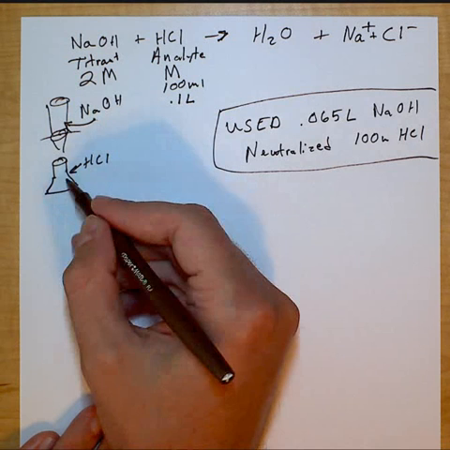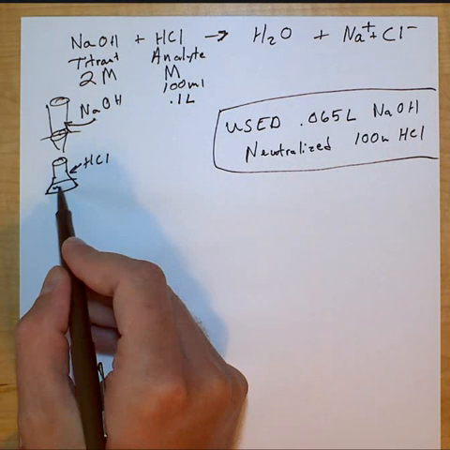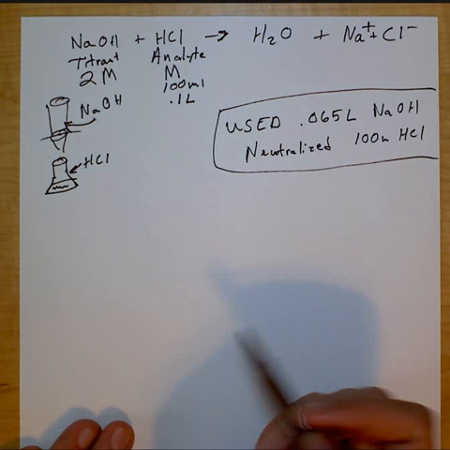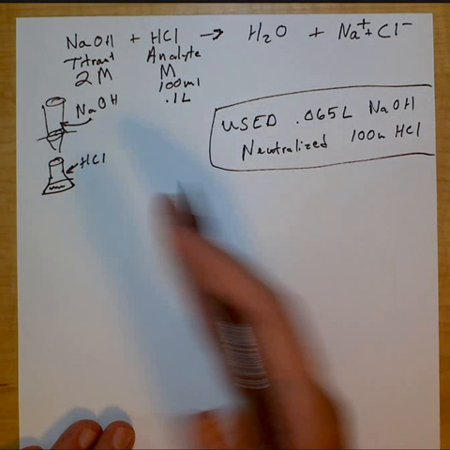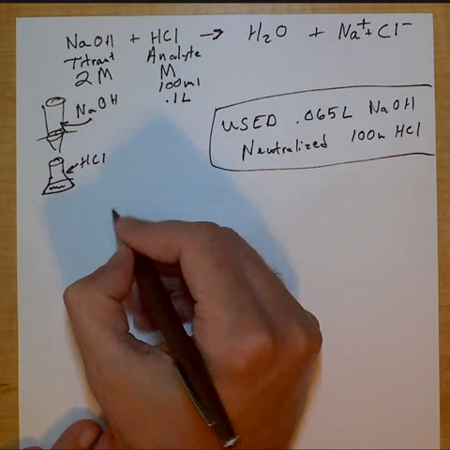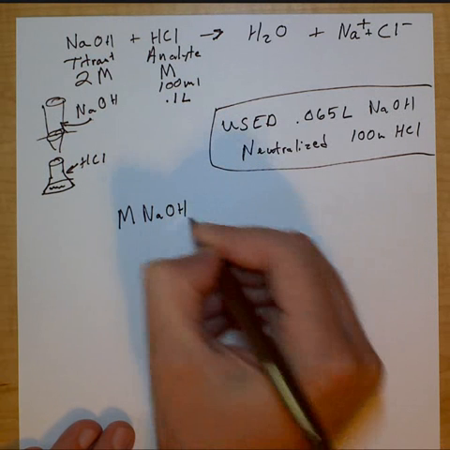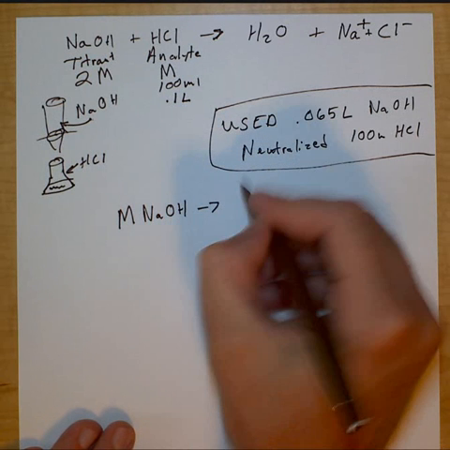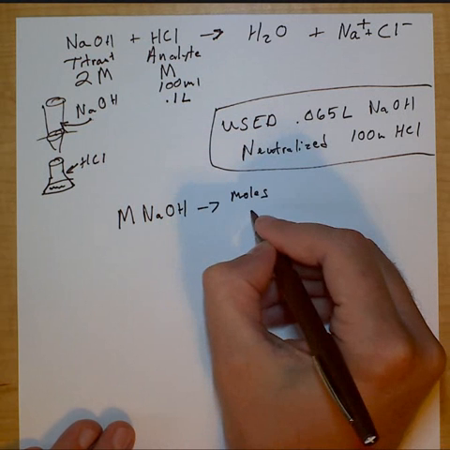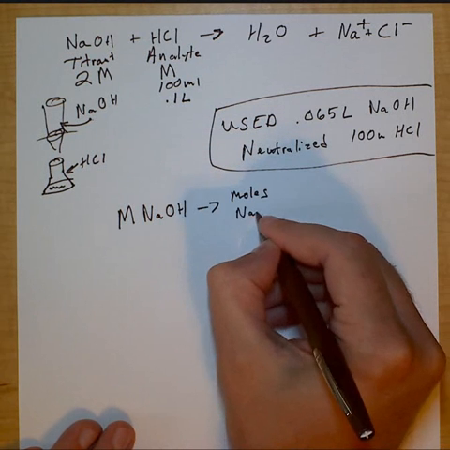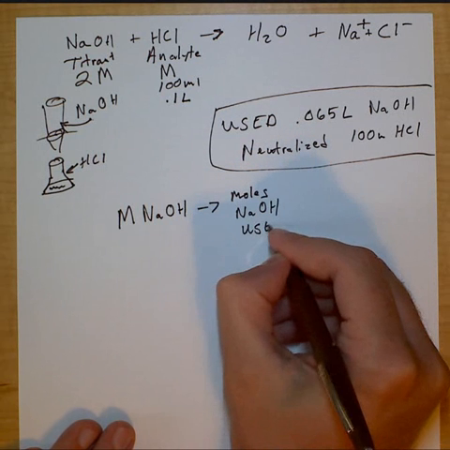Basically, you can think of this as a 4-step sequence. First of all, we're going to take the molarity of the NaOH, and from there we need to determine the number of moles of NaOH that was used. This is what gets poured out of the burette into the Erlenmeyer flask.